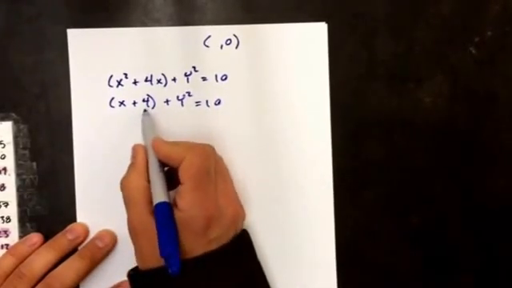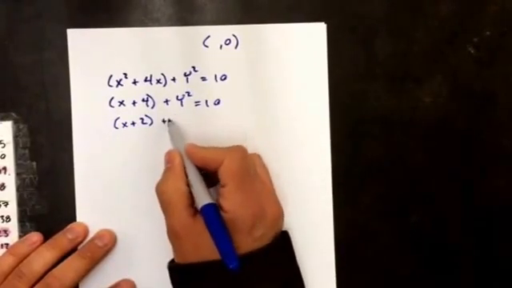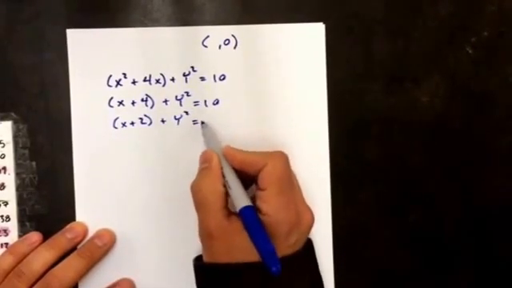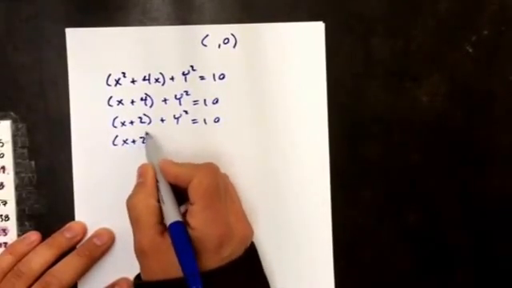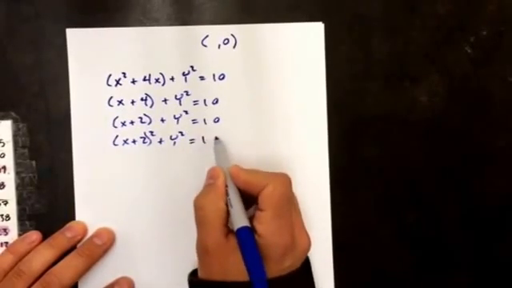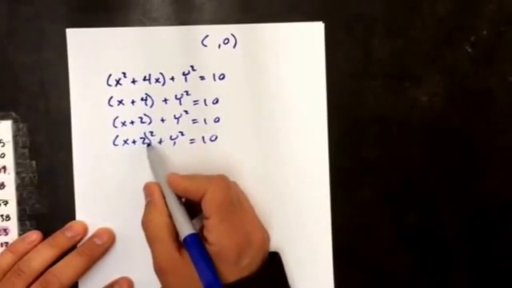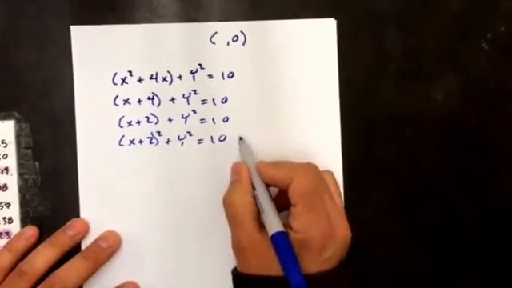We divide this number by 2, always by 2. We square it. Remember that when we square this parentheses, we've actually changed the equation from the original equation.